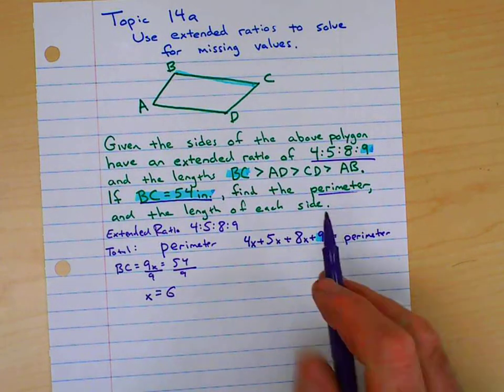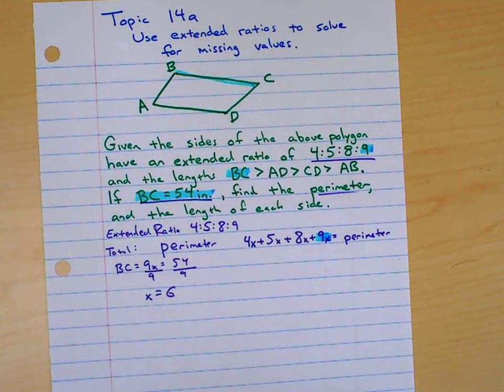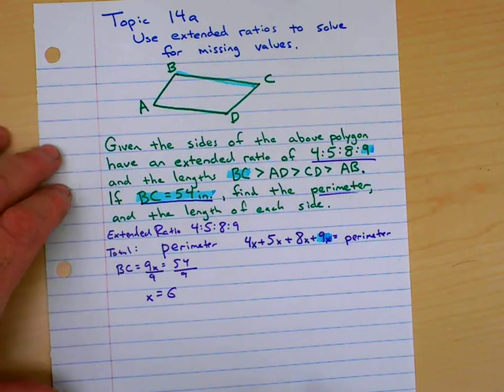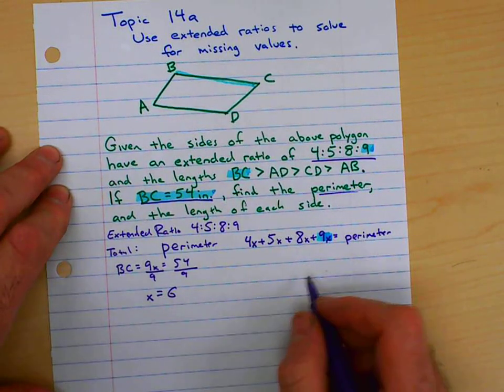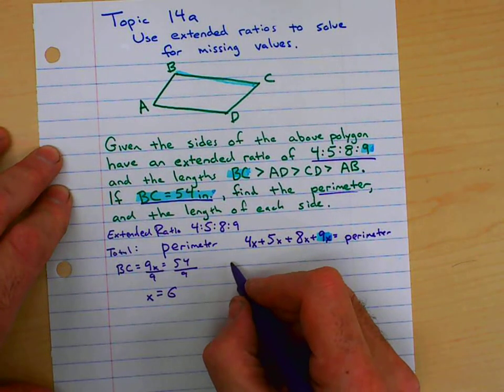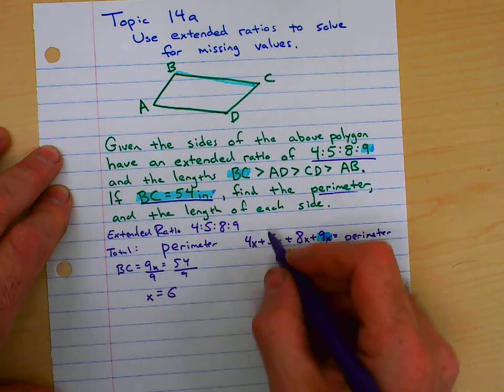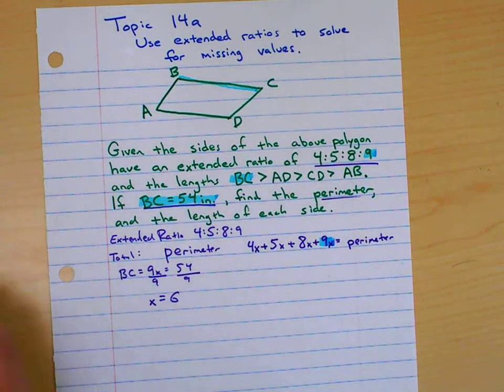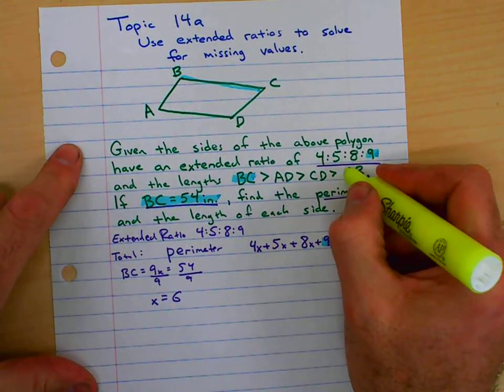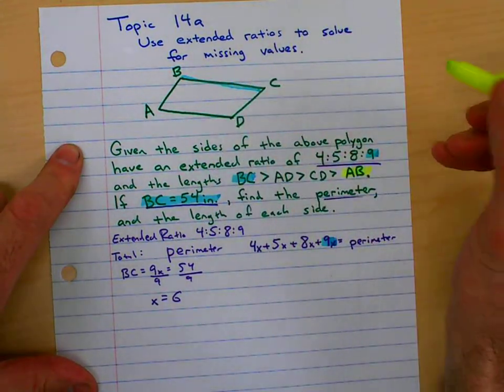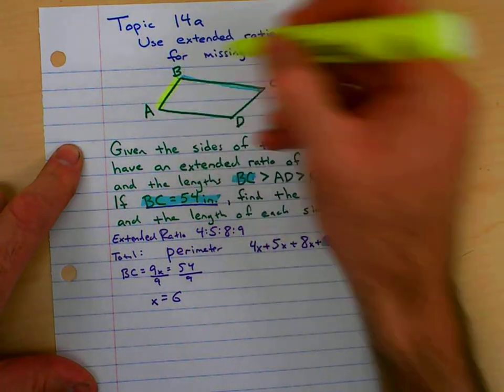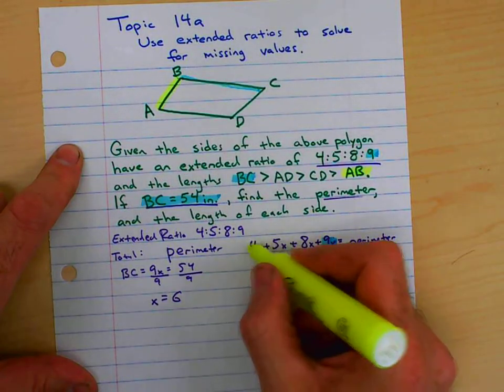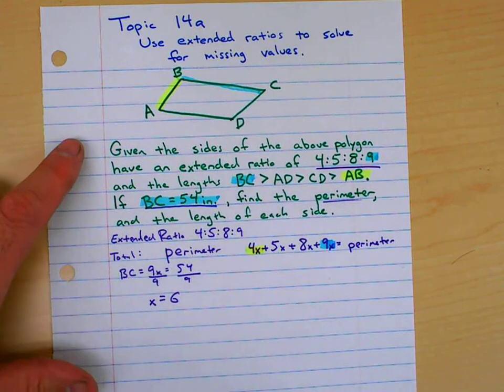They wanted us to find the perimeter and find the length of each side. Based on what we just said, we know the smallest side, AB, is going to be the 4x.